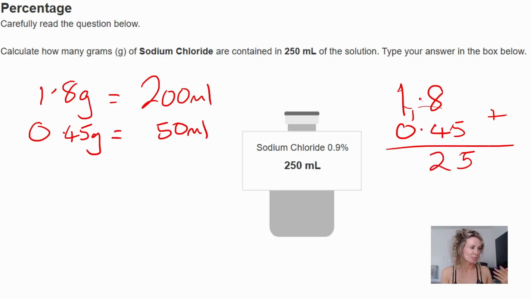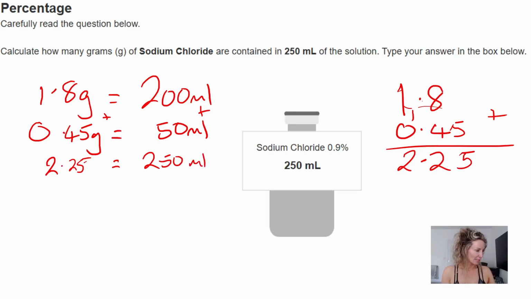Replicate the decimal point. It's already there. You have to write it down. 1 add 1 is 2. That's 2.25. So therefore, 2.25, we've added these together, is 250 mils. Okay, so the answer is 2.25.